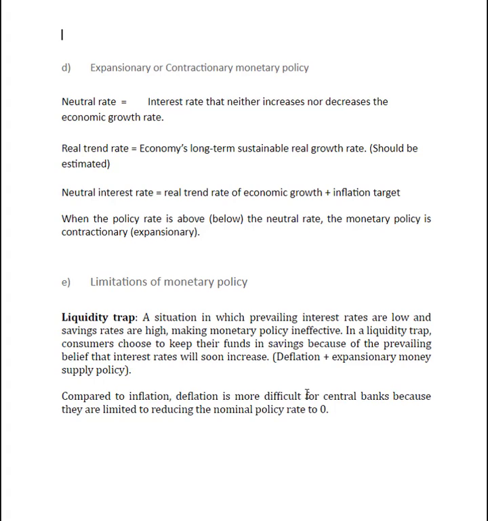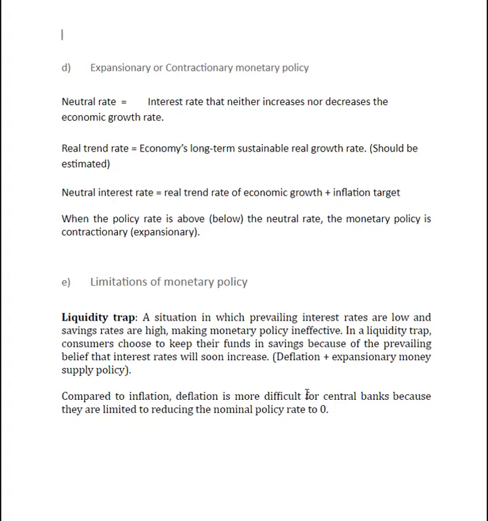When the policy rate, which we talked about earlier, is above this neutral rate, then we can say that our monetary policy is in contractionary mode, and when below, in expansionary mode. Based on the policy rate, in the US we have the federal funds rate, and in other countries a repurchase or repo rate for overnight deposits.